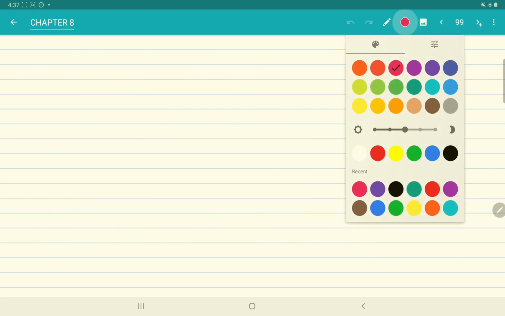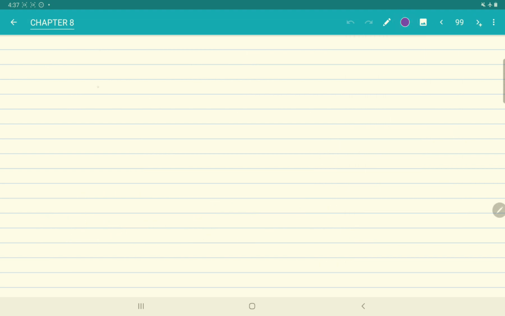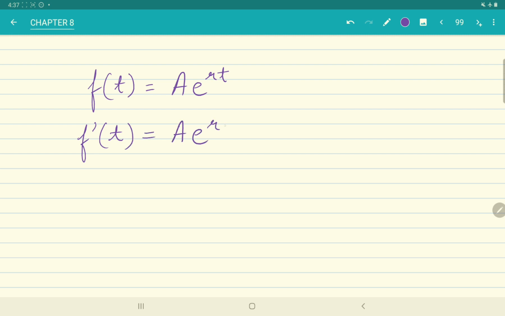We are going to see that if I have a function of this type, f of t equal to a e raised to the power rt, these are the kinds of functions that are characterized by a constant proportional rate of increase. Why do I say this? Because in this case f prime t is equal to a e raised to the power rt multiplied by r.